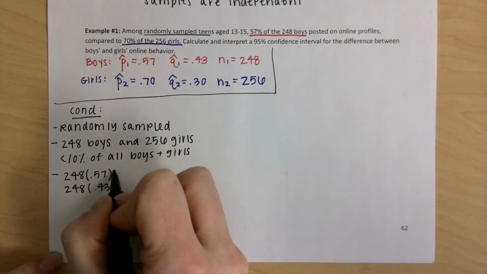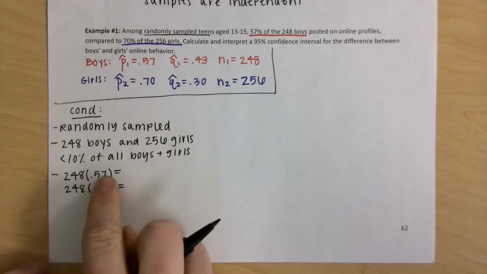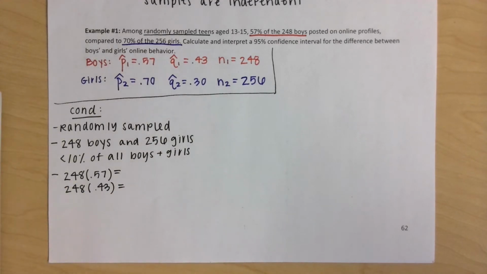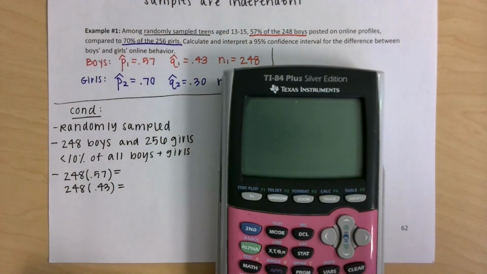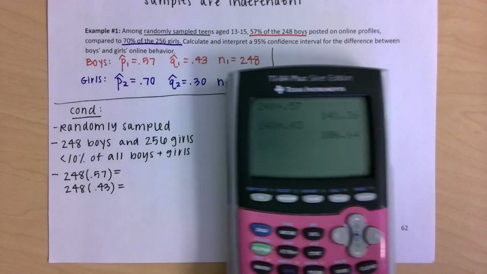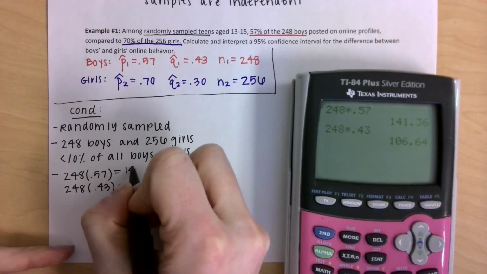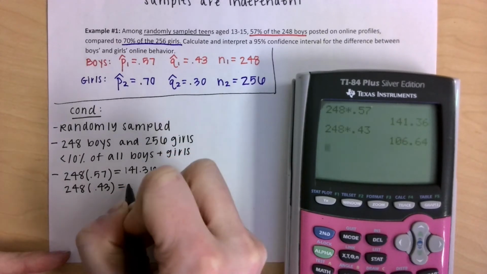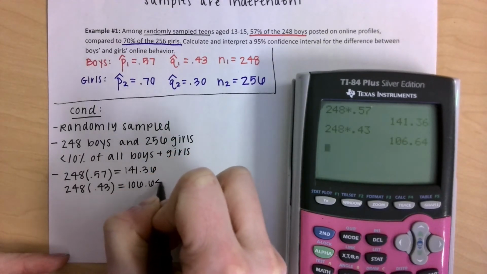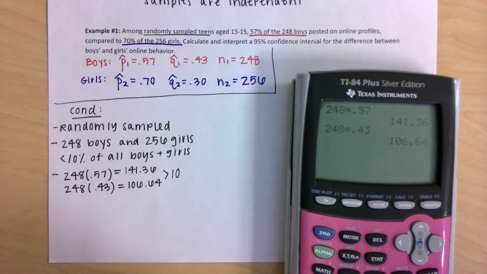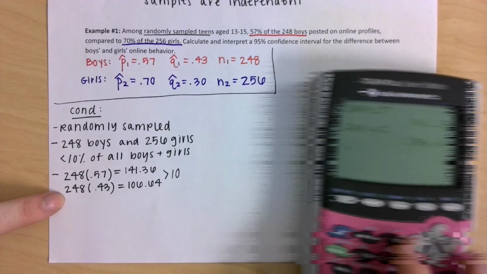This will give me the expected number of boys that are posting online and are not posting online. Okay, so definitely greater than 10 for the boys. 2 samples, so I have to check the other sample as well.